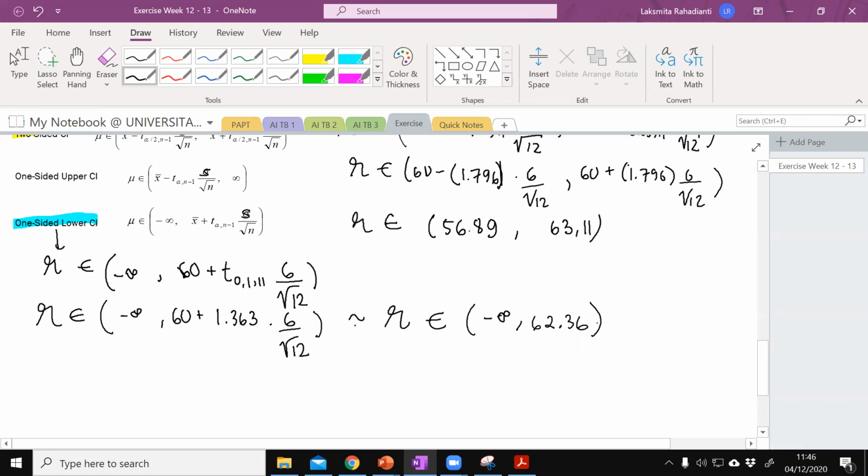So as you realize here, we have a range of possible values. The conclusion we can take from these two equations is that when I have both limits, I have a range of possible values that could be the population mean.